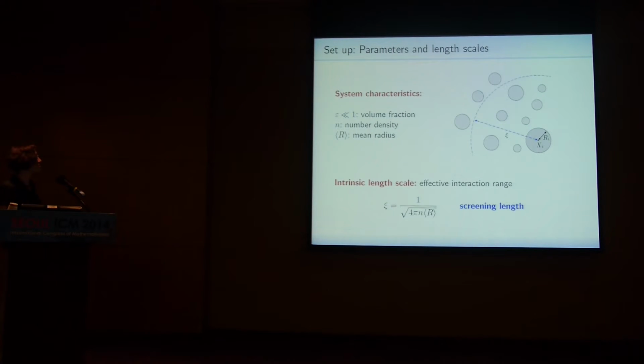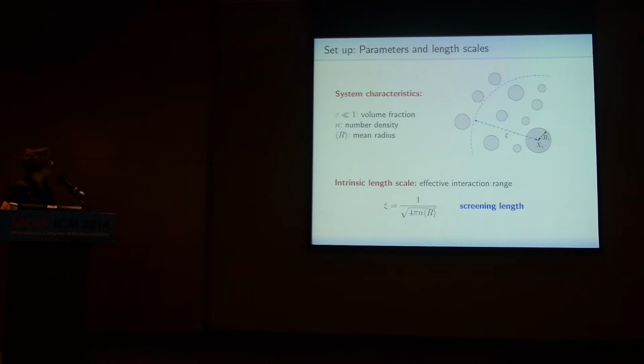I just have to introduce a few quantities for that. You have a system of particles that are uniformly distributed in R^3. The parameters are the volume fraction epsilon, which is small, a number density, and an average radius. And then, by analogy to electrostatics, it's well known that the relevant intrinsic length scale is the screening length.